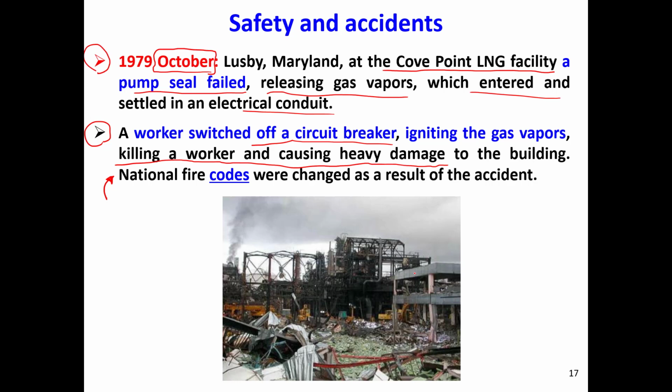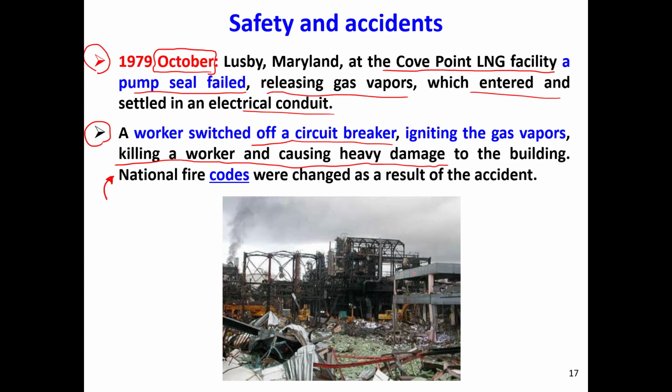So first of all, if the vapor from the pump could be detected, then you could see an alarm that there is a vapor leak. This can be detected by many types of sensors. And if there was a good standard fire code, the worker would have known that the vapor is flammable and can ignite in the presence of a spark or a flame.